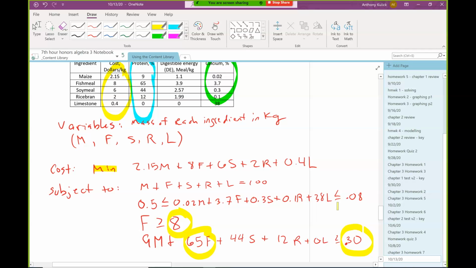So if I had 100 kilograms of maize, I should only have 9 kilograms of protein in that. So I think that if I multiply the masses by 9, these percentages have to work out in some way here, right?